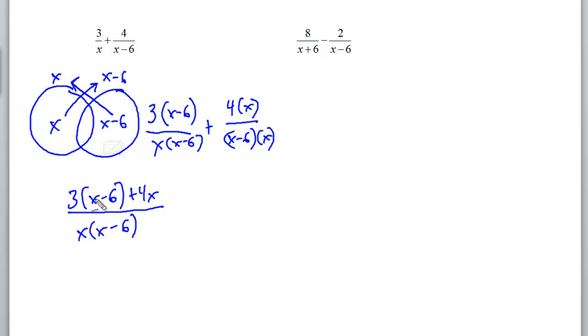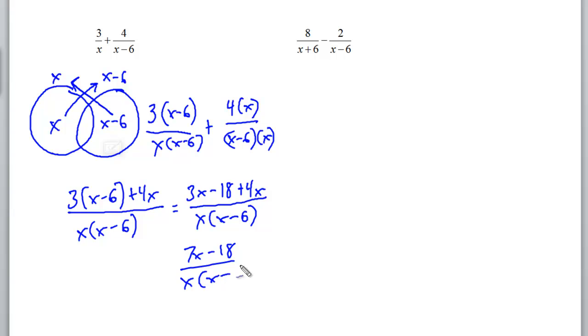Now it might be nice to simplify the numerator as best as you can. This is 3x minus 18 plus 4x over x times x minus 6. 3x plus 4x is 7x, and the minus 18 over x times x minus 6. Now we would check to see if there is anything we can remove from the 7 and the 18 to factor out, and unfortunately there is not.